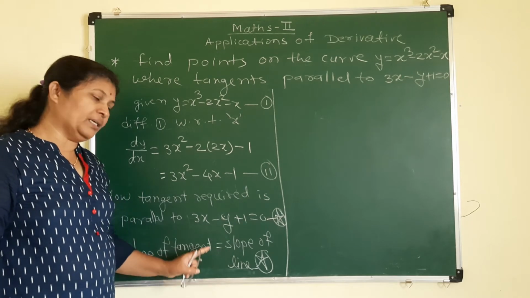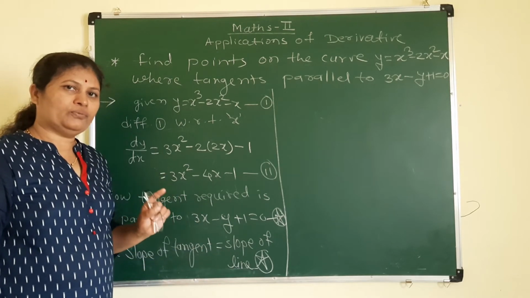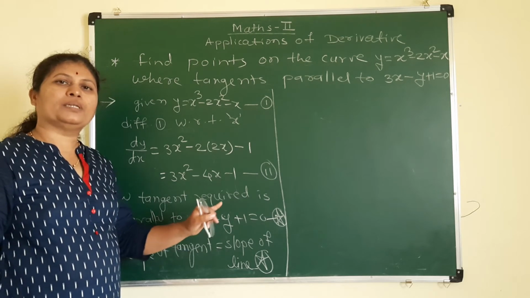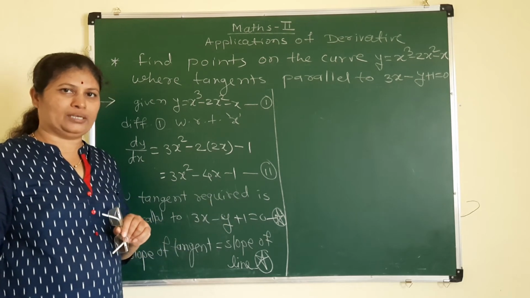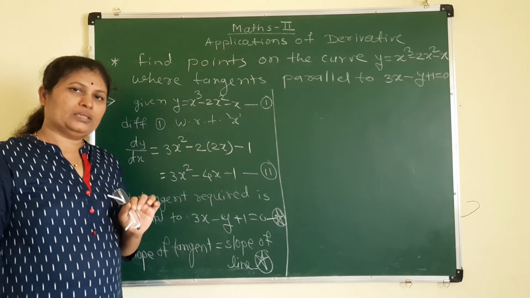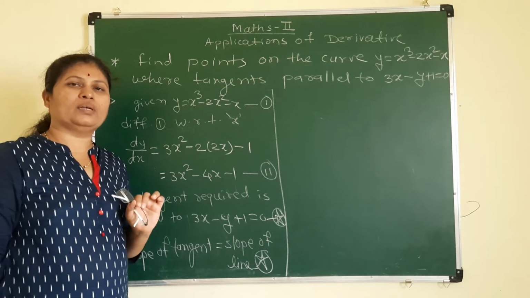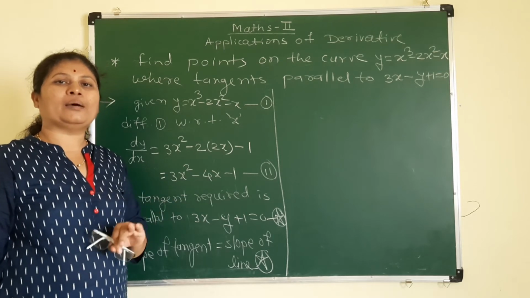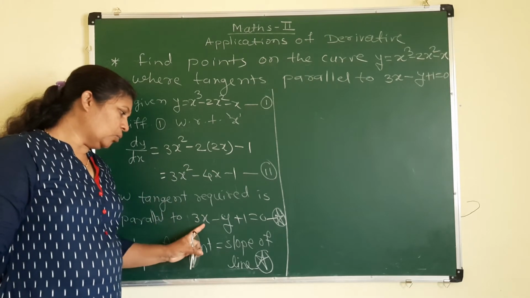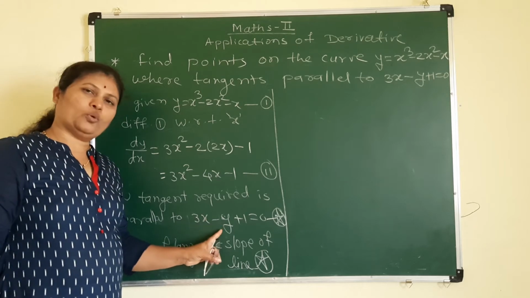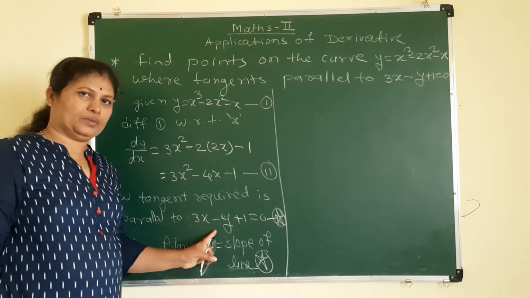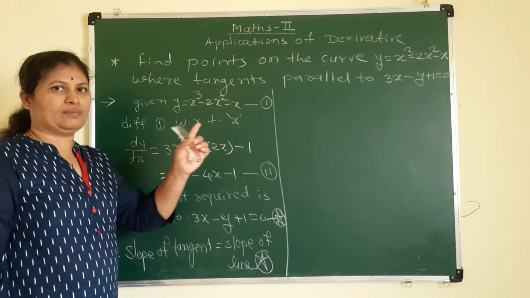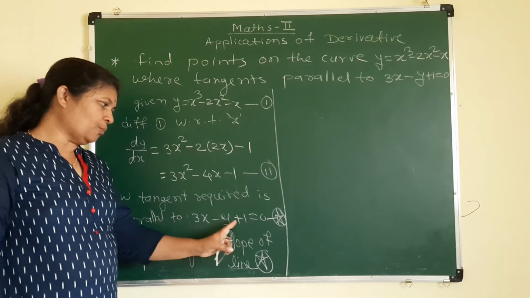Okay. Now how to find the slope of this line? If equation of line is ax plus by plus c is equal to 0, you know the general linear equation, then slope of that line is given by, last year we have seen this, minus a upon b, means minus coefficient of x upon coefficient of y. So what will be the slope of this line?